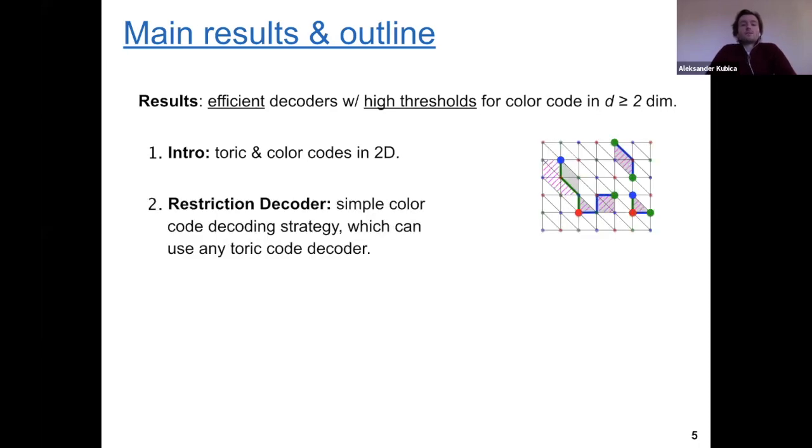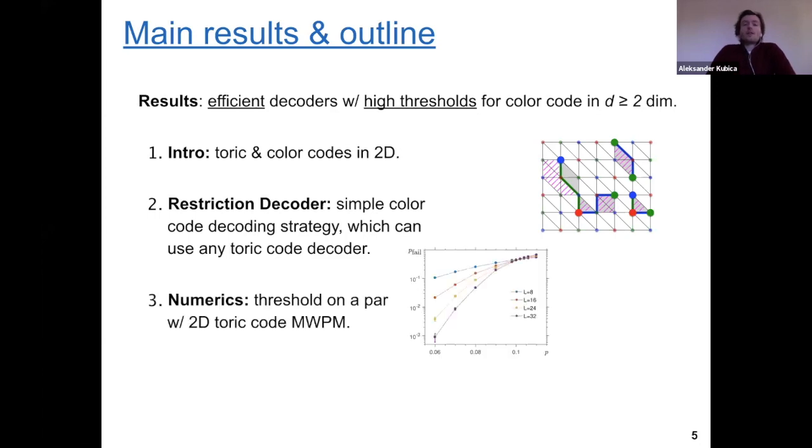So for simplicity, we'll start with talking about the toric and color codes in 2 dimensions. Then we'll see with an example what the restriction decoder is. You should think of this decoder as a simple color code decoding strategy, which can use any toric code decoder. And then I'll show you some numerical simulations of a threshold, and we will see that the color code threshold is on a par with the 2D toric code threshold.